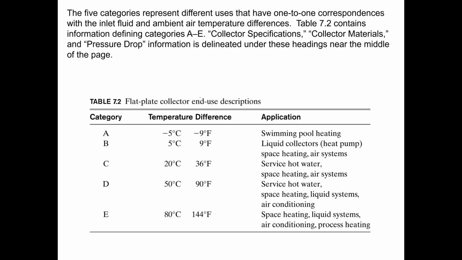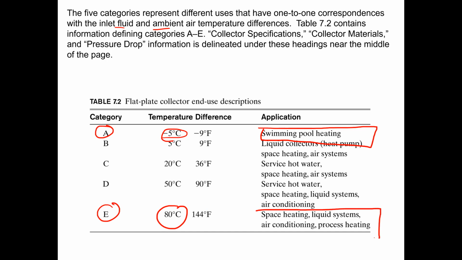For example, category A would represent a temperature difference of -5 degrees. Again, that would be the temperature difference between the inlet fluid and the ambient air. And it gives you an idea of what type of applications those could be used for, for example swimming pool heating, all the way to category E, which would have that temperature difference as 80 C, and that's used for space heating, liquid system air conditioning, and process heating and such.